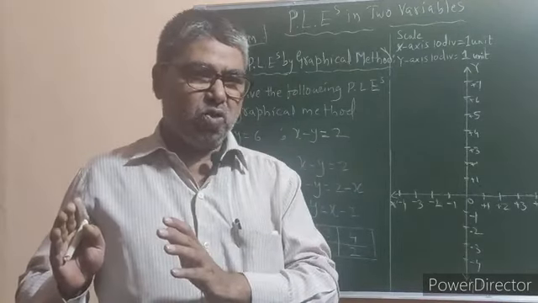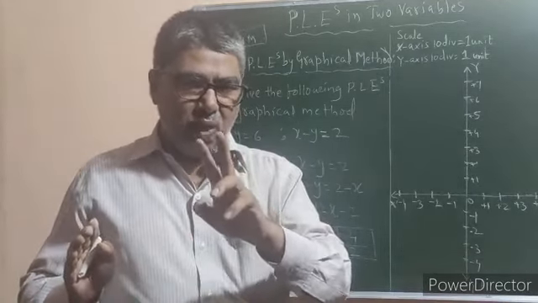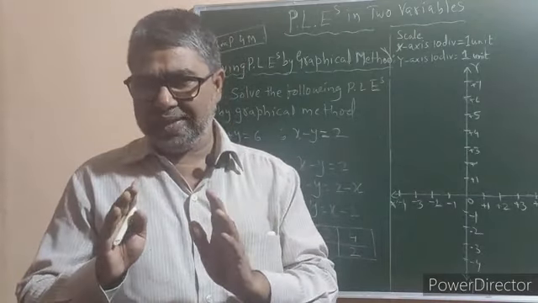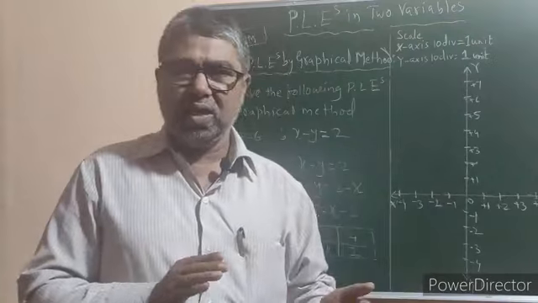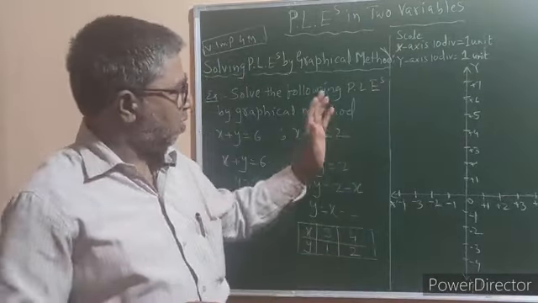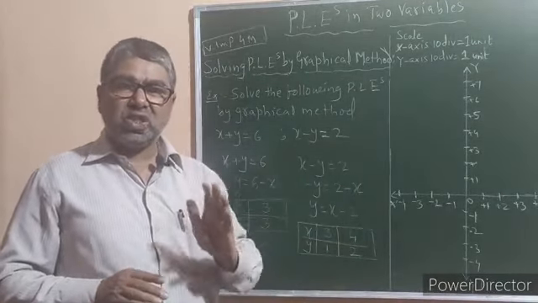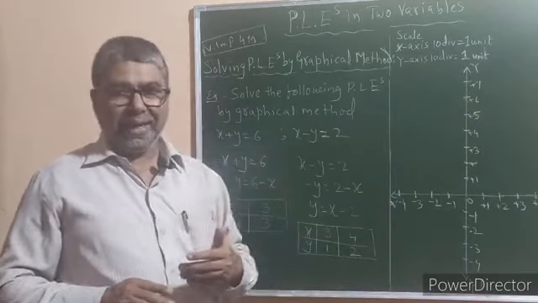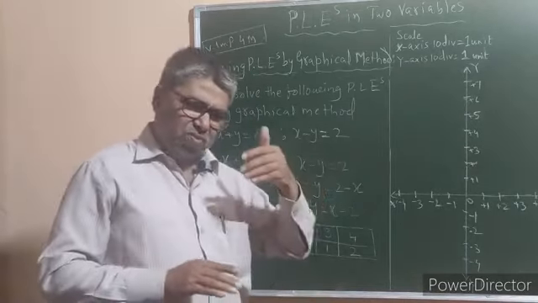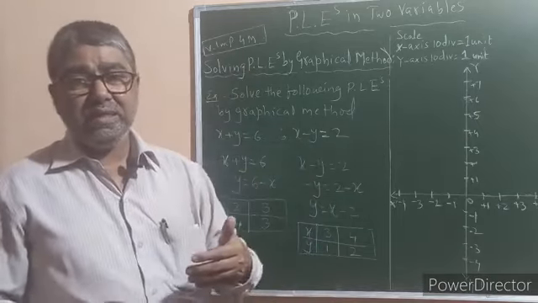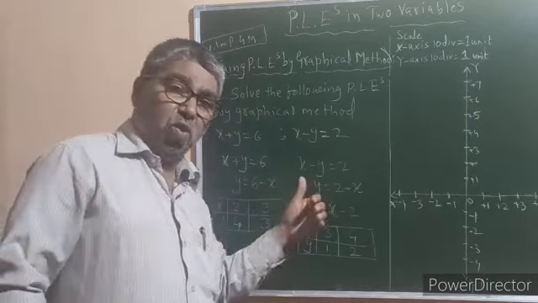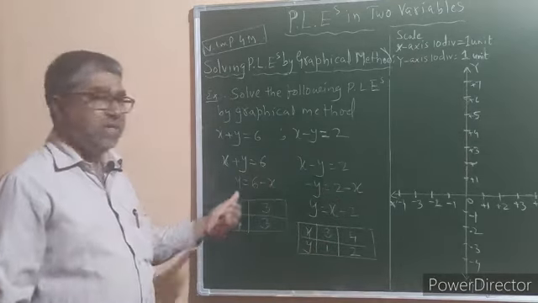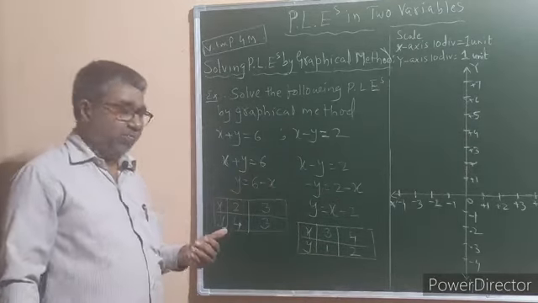The first part is called the calculative part, where we form the tables for the values of x and y for both the given equations. The second part is called the skill-based part, or you may call it the practical part, where we draw the graphs for these two equations. Now let us see the calculative part first.